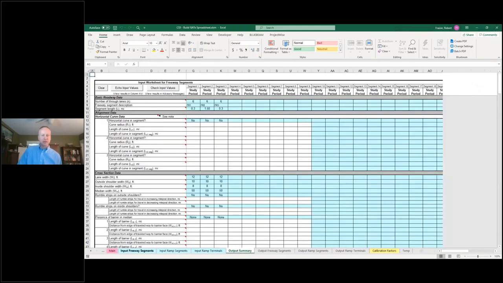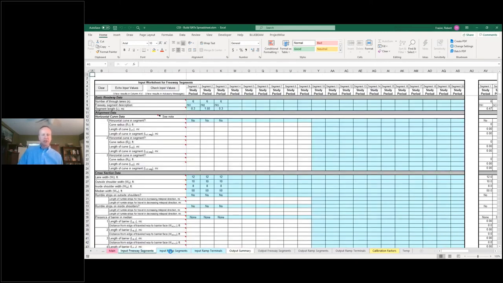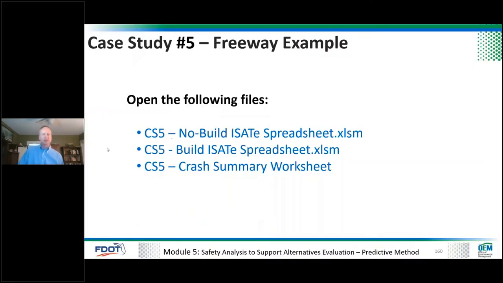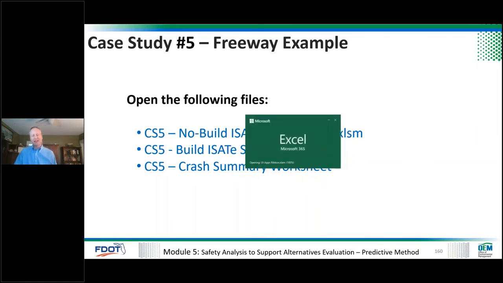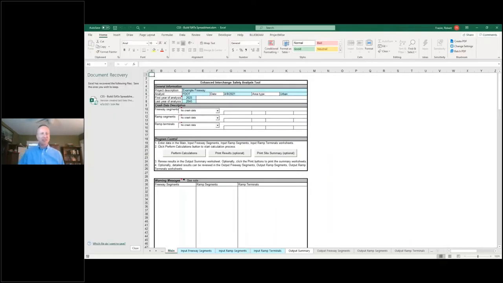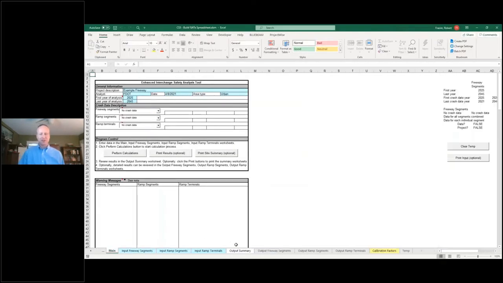Sorry, the freeway has the 3 freeways, and then the ramp has, it's going to be a problem. I'm going to describe it to you. The ramp has 4 ramps in it, and all that data has been entered as well. And I don't know why Excel is going to do this to me, but that's all right. It keeps it exciting.